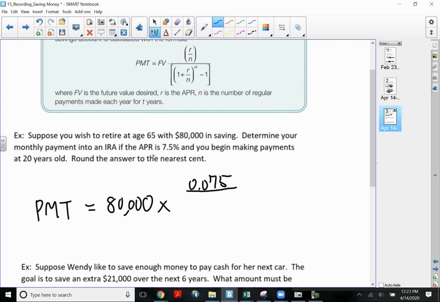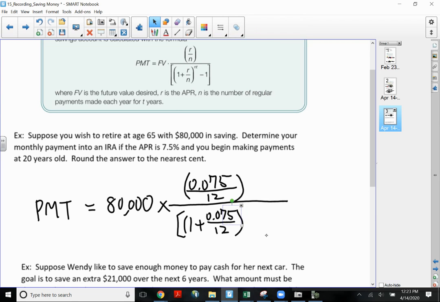0.075 over, I'm doing the monthly payment, so that'd be over 12. Whole thing divided by the bracket: 1 plus 0.075 divided by 12, and raised to the 12 times, what's my time? 65 years old minus 20 when I started.